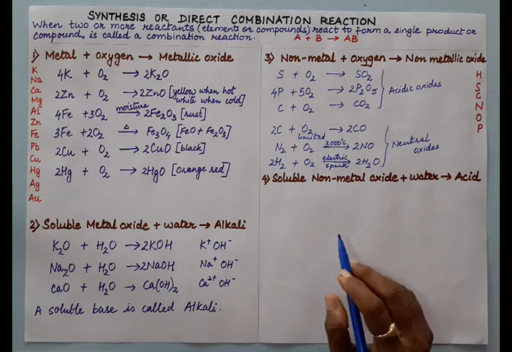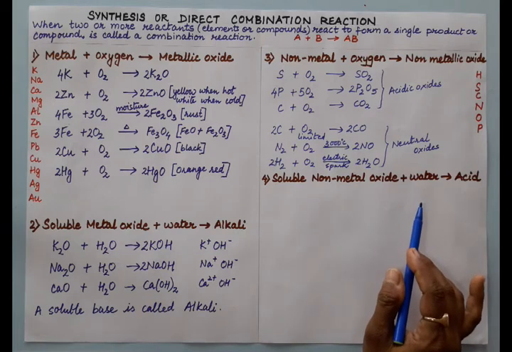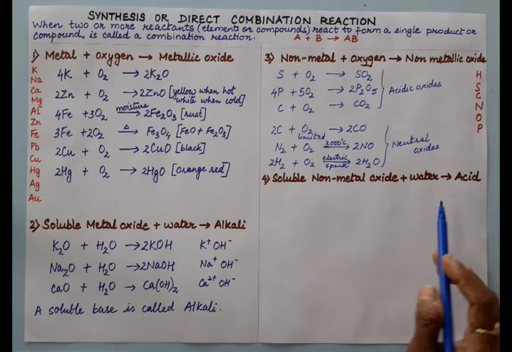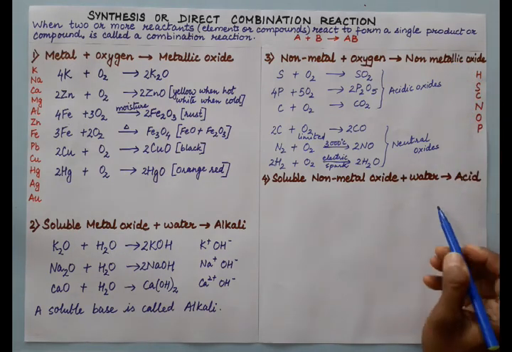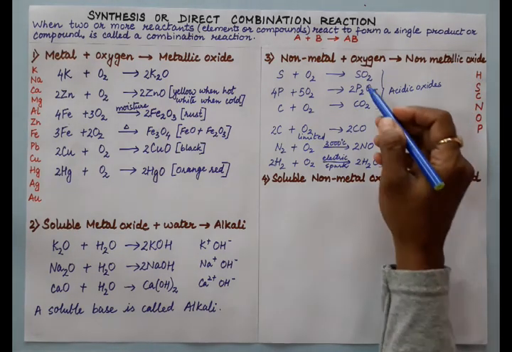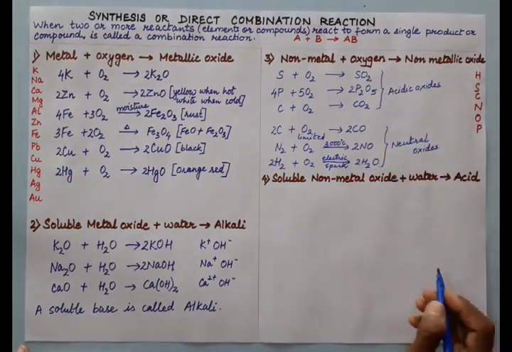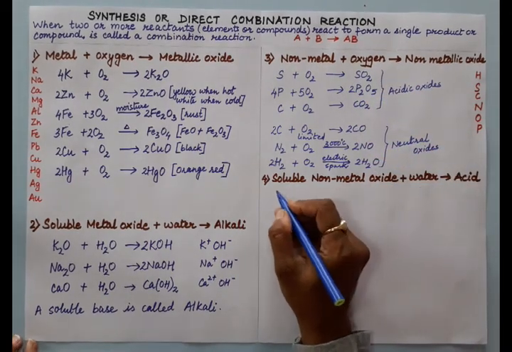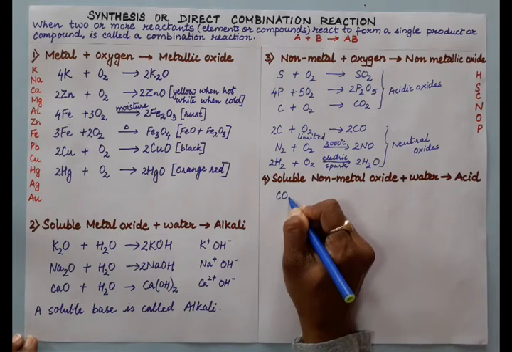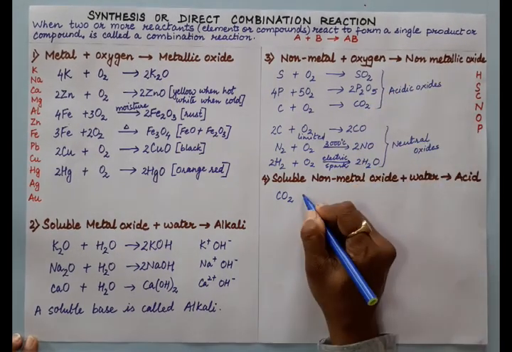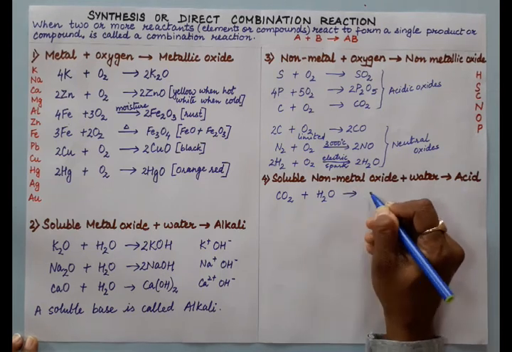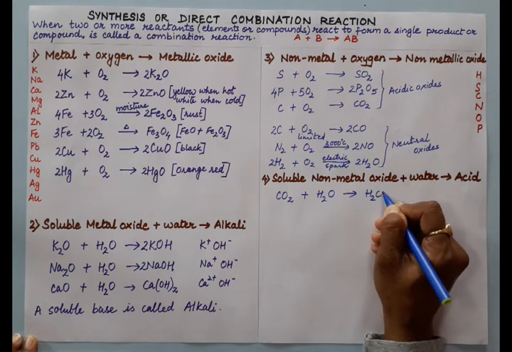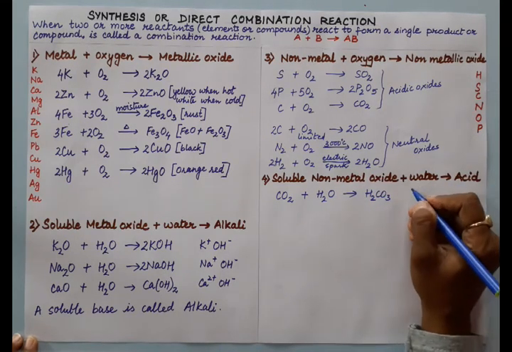Now next is soluble non-metal oxide plus water gives acid. These are the non-metallic oxides which are soluble in water. CO2, carbon dioxide, an acidic oxide, when dissolved in water gives carbonic acid, H2CO3. Now how do we form this?